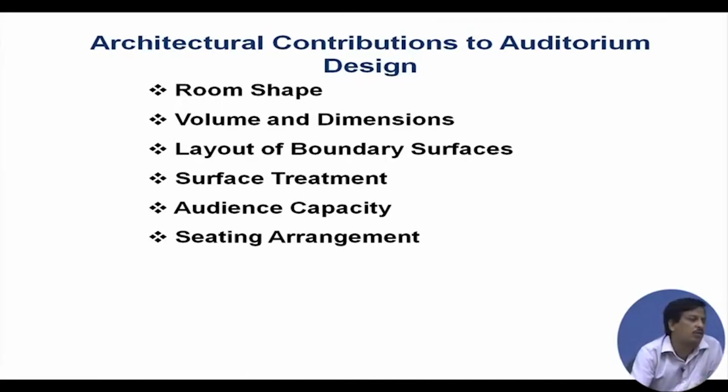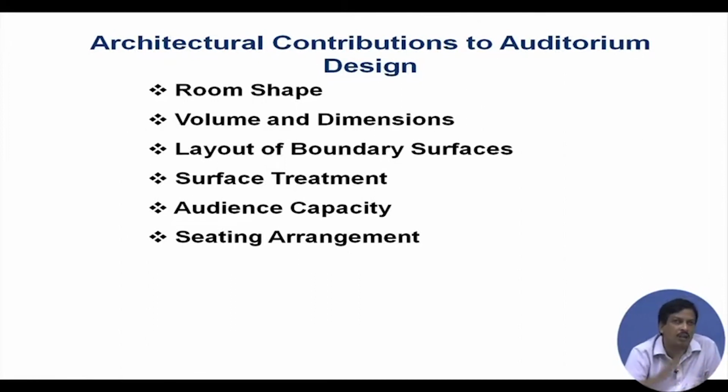Then, architectural contribution to auditorium design. What does the architect do? Room shape is defined by the architect, volume and dimension are defined by the architect, layout of boundary surface is also defined by the architect. Surface treatment, audience capacity, seating arrangement: all are civil design parameters. When the auditorium is designed initially, those are the parameters considered.